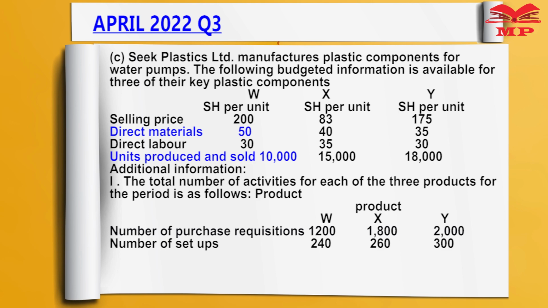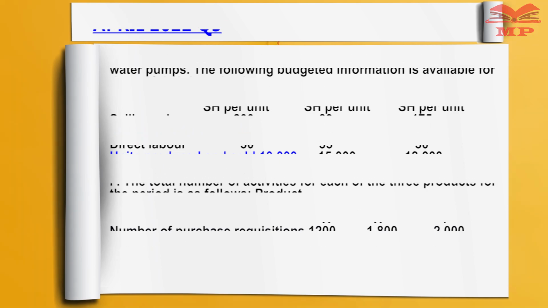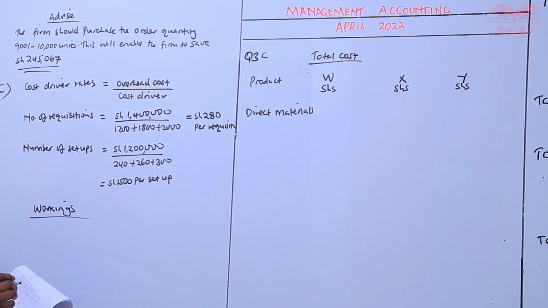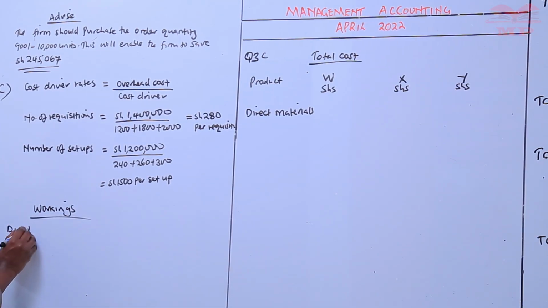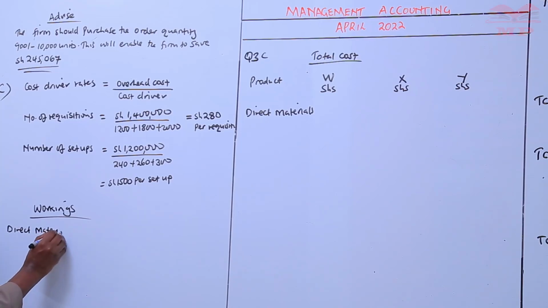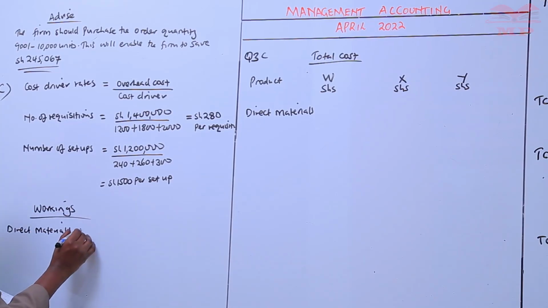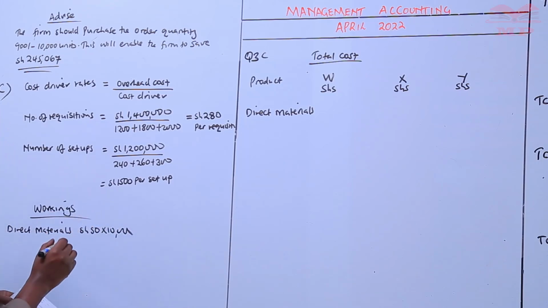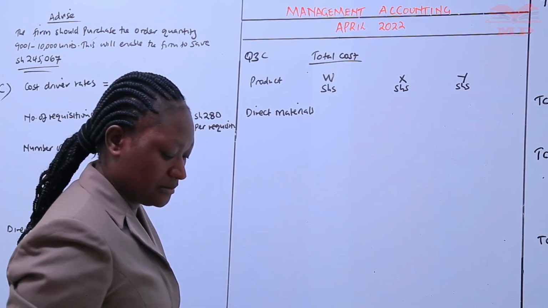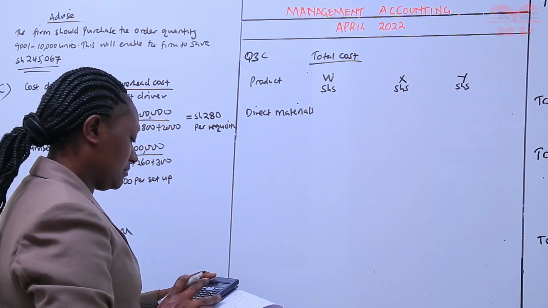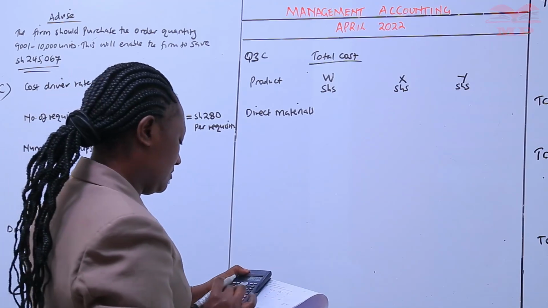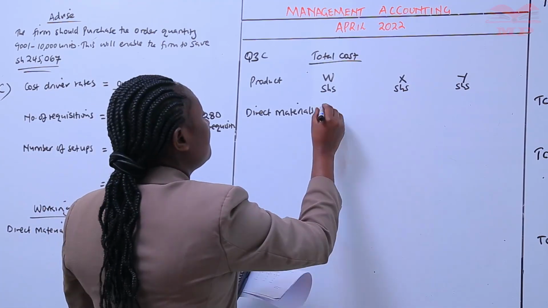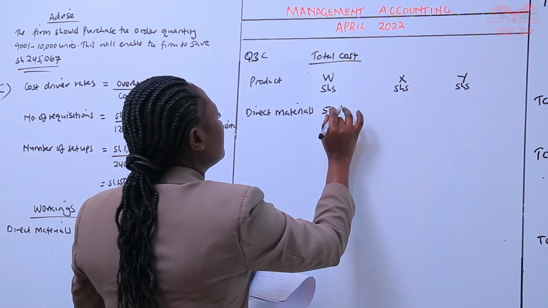Direct materials, the unit cost is 50 and the units that were produced were 10,000. This is 50 shillings times 10,000. This will give us 500,000.